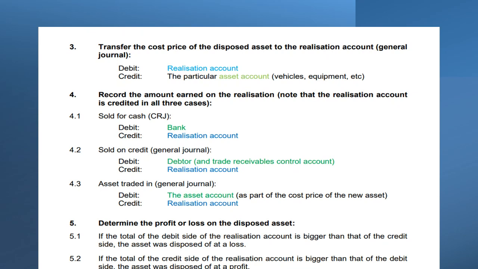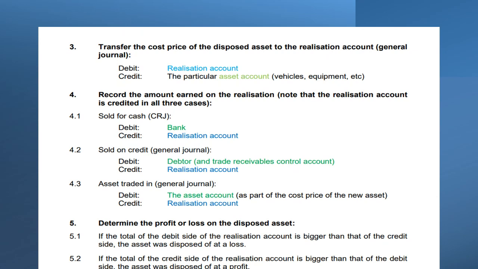So what we need to do here, you will already know that you need to credit that particular asset account so that it's reduced. And then what are you going to debit? The realization account. Again, what I want to stress here is that if you don't know your basic accounting equation, you will struggle with what to debit and what to credit. We've seen a lot of students getting confused.